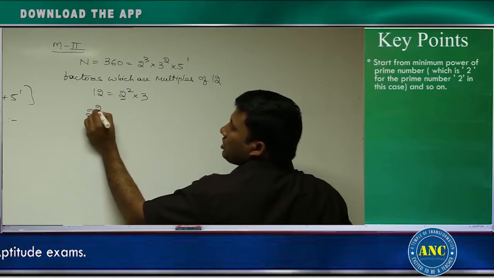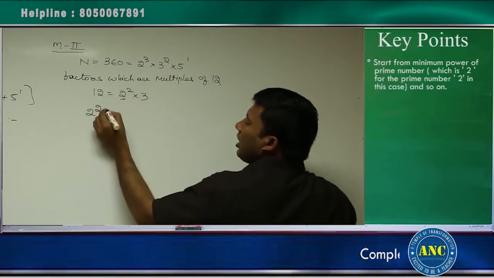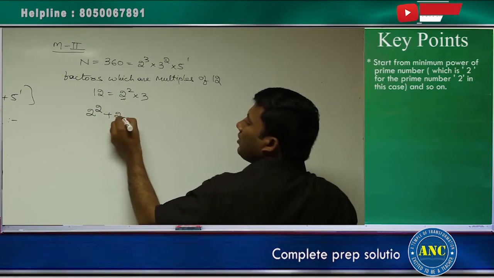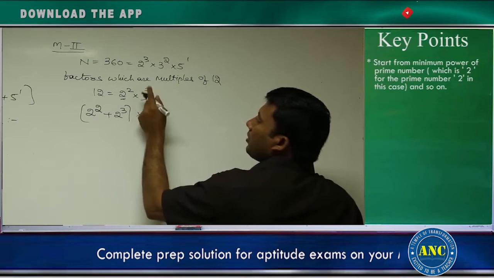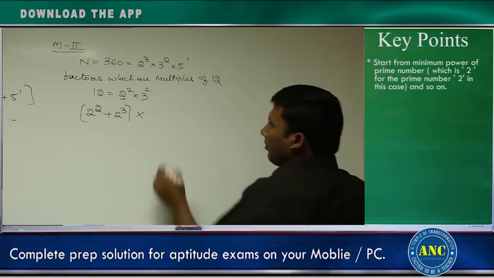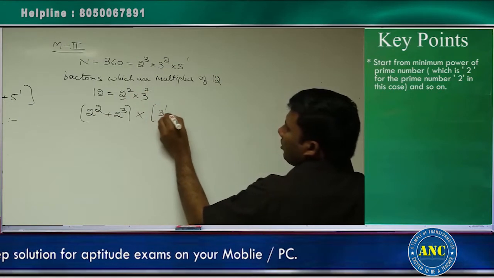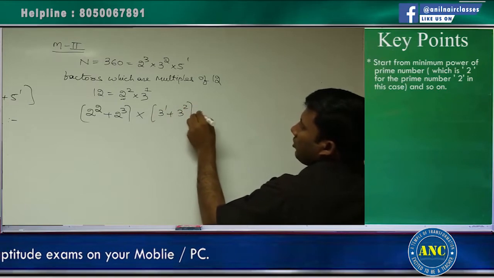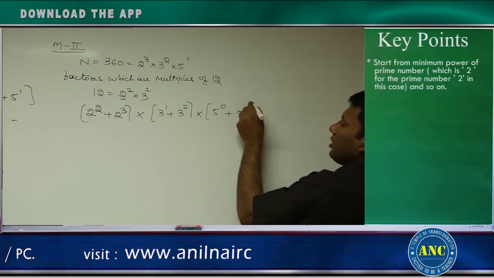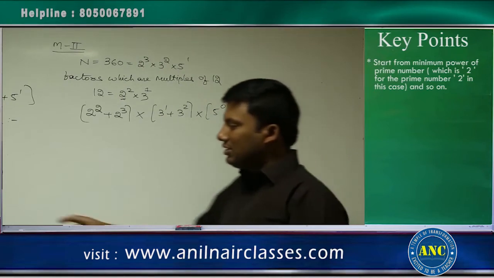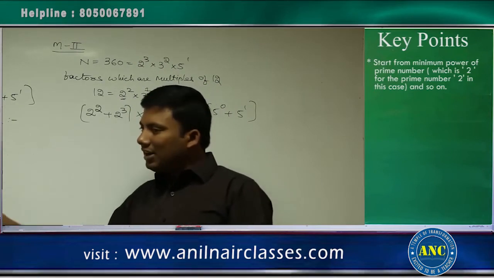So, start from that minimum power of 2 which we require to get 12: 2 square plus 2 cube. What is the minimum power of 3 to get 12? 3 power 1. Don't start from 3 power 0: 3 power 1 plus 3 power 2. There is no restriction on 5, so 5 power 0 plus 5 power 1. This and this, if you solve, the final answer will be the same.